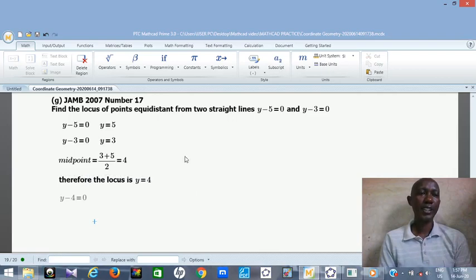So this is the answer to this question: y minus 4 equals 0. That is the middle of these two lines.